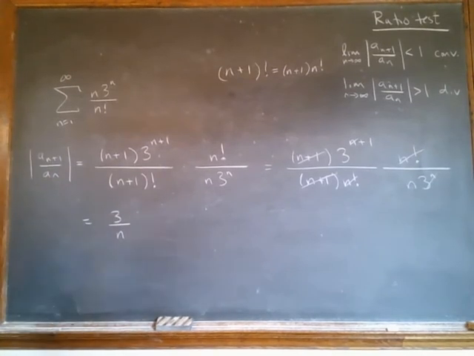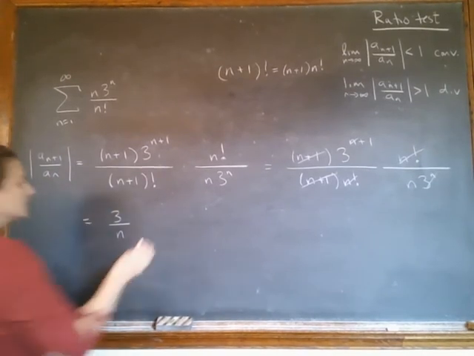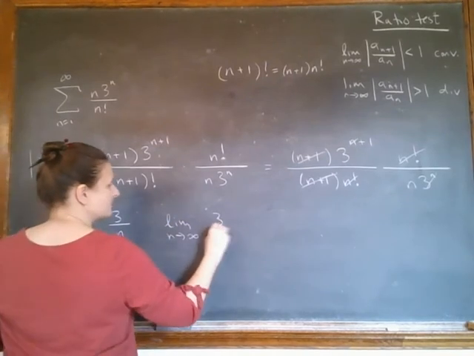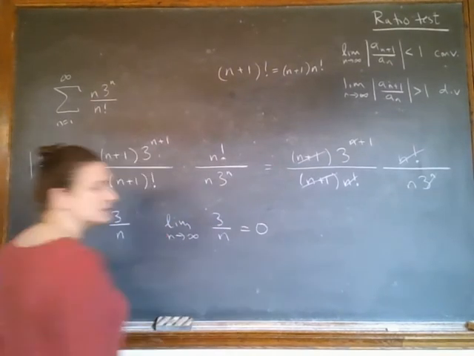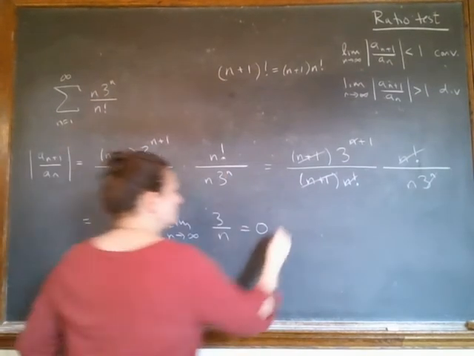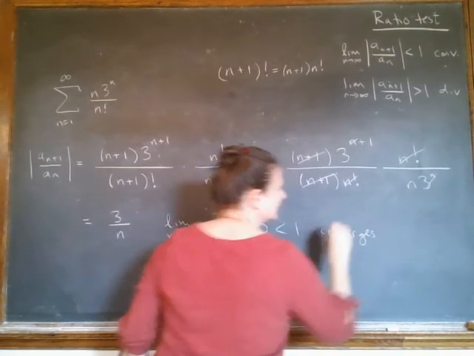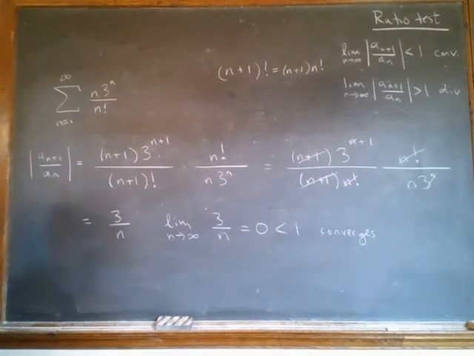Okay? So now what happens is I take the limit as n goes to infinity of 3 over n, I get 0. Beautiful. 0 is less than 1. This converges nicely. Okay. So it's perfectly okay.